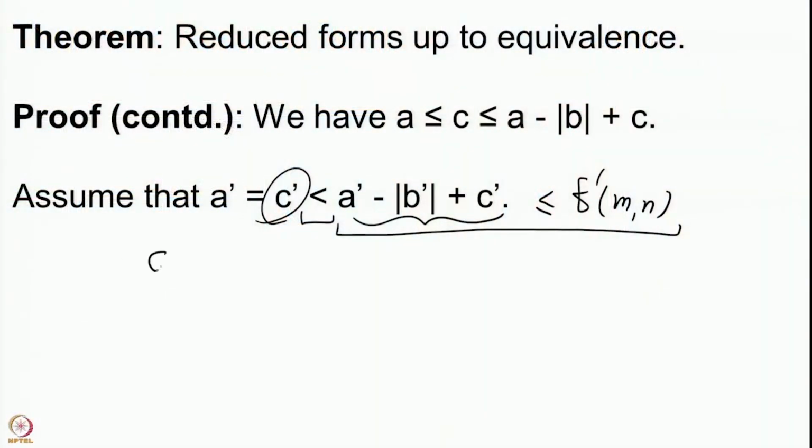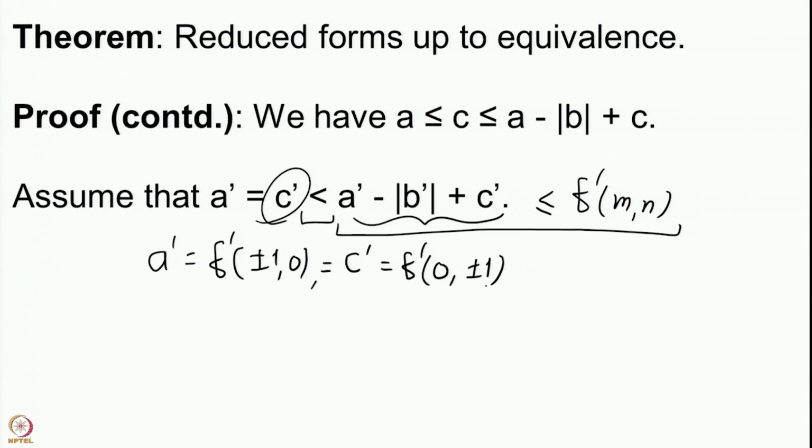So, we of course now have that a prime, which is f prime of plus minus 1, 0, is equal to c prime, which is f prime of 0 comma plus minus 1, and now we have that this is equal to a prime, a, because c prime and a prime are still the smallest values represented by f prime properly.